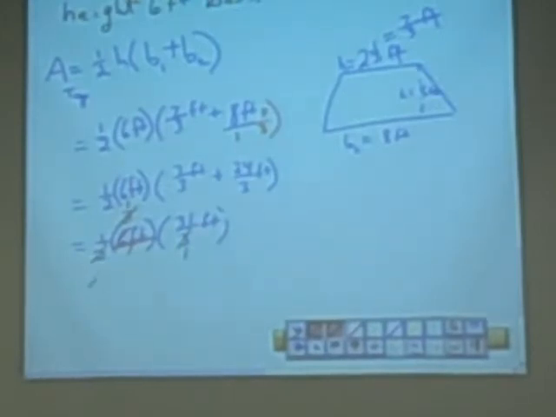So that leaves us with, what's in the numerator? 31, right. Over, anything in the denominator? No, they all cancel out to 1, right? So it comes out to 31 feet squared, right. Okay?